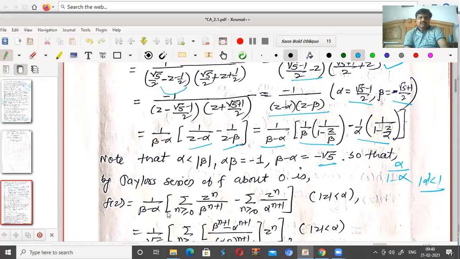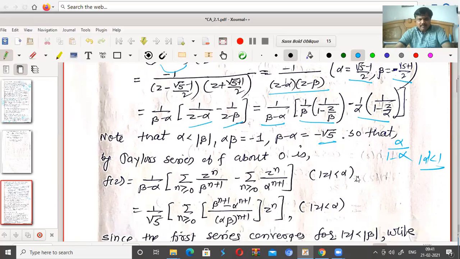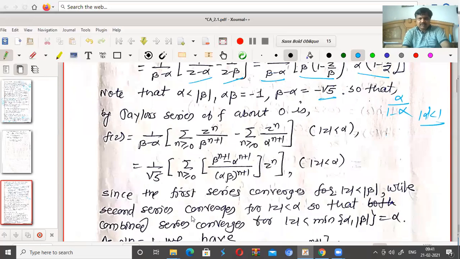This way, summation n greater than or equal to 0 z raised to n upon beta raised to n plus 1 minus summation n greater than or equal to 0 z raised to n upon alpha raised to n plus 1, mod z less than alpha. So it is 1 by root 5 summation from n greater than or equal to 0 of beta to the power n plus 1 minus alpha to the power n plus 1 divided by alpha into beta to the power n plus 1. You are taking summation common and then z raised to n common.